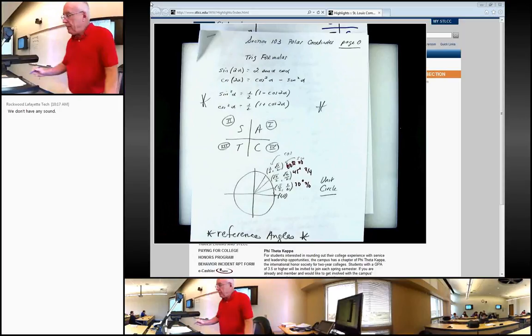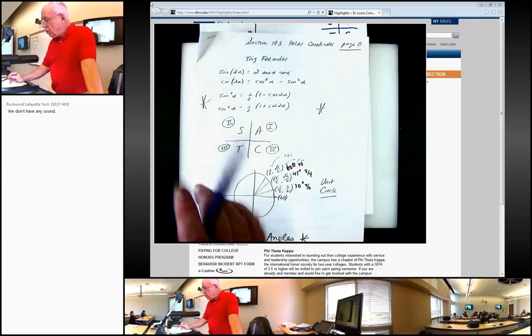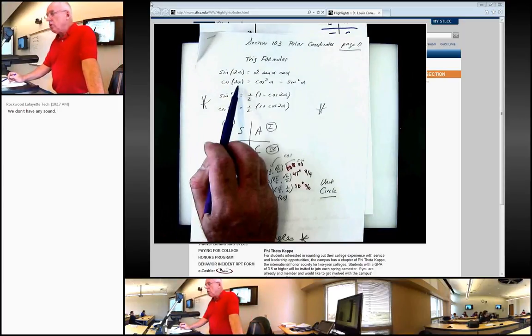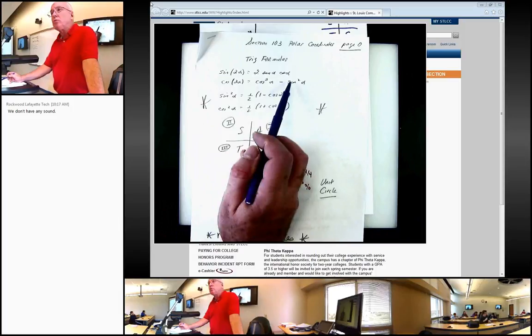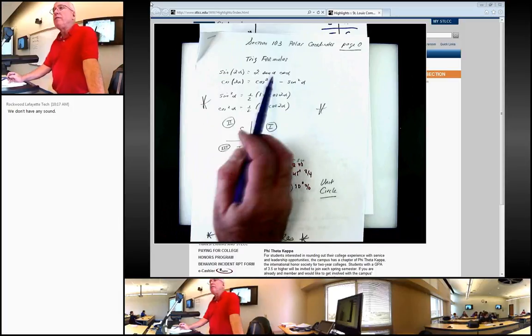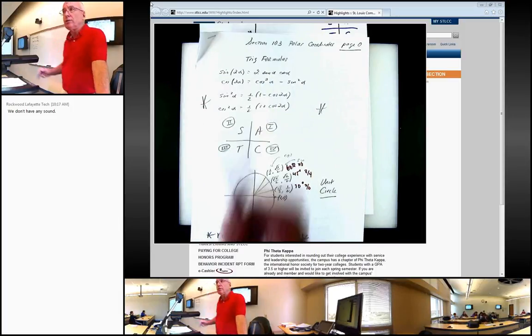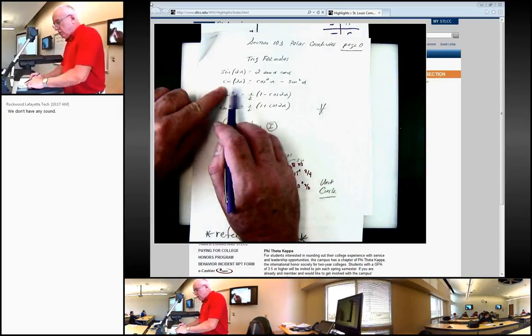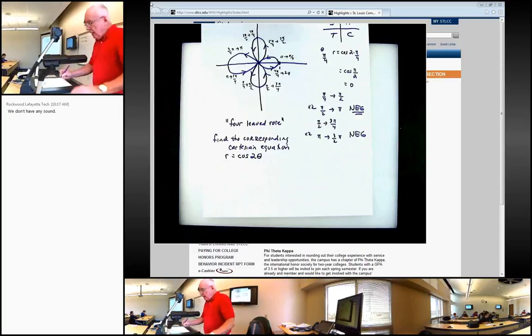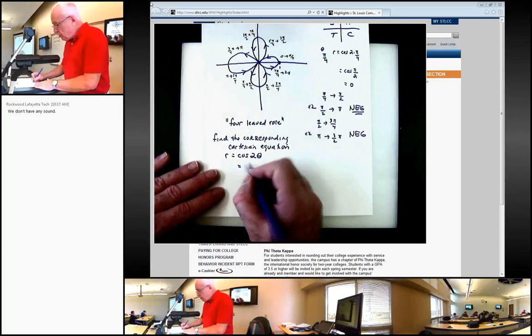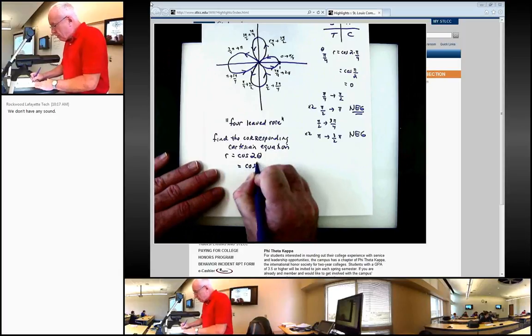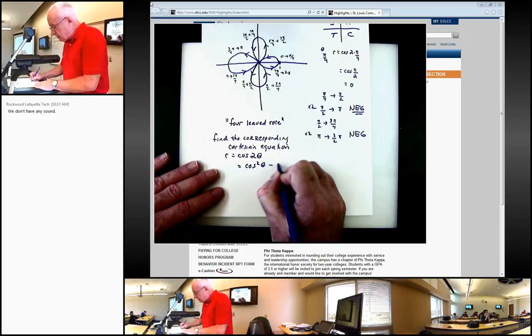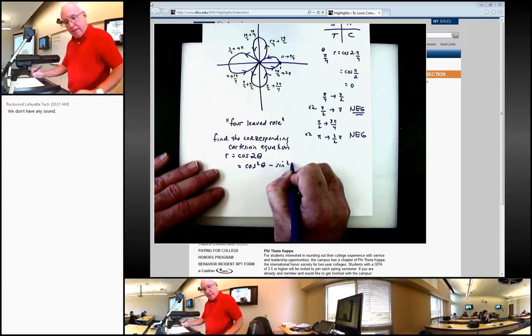One of them being that the cosine of 2 alpha is cosine squared minus sine squared. The sine of 2 alpha is 2 times the sine times the cosine. So we're going to use this second one here, cosine of 2 alpha, and we're going to change this then to the cosine squared of theta minus the sine squared of theta. Right?